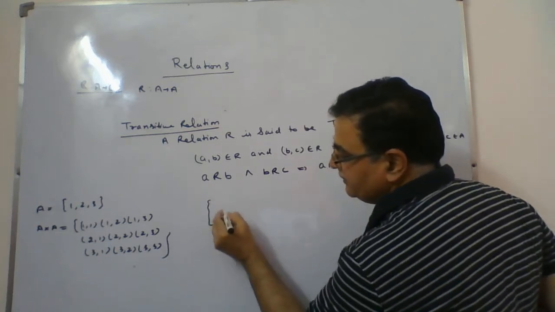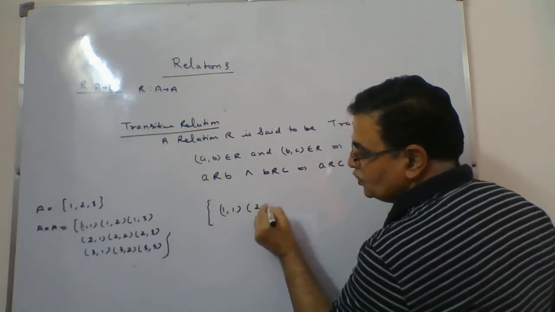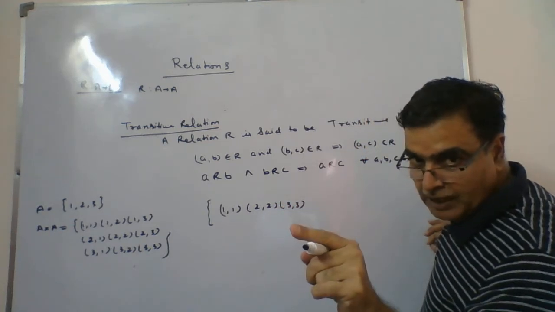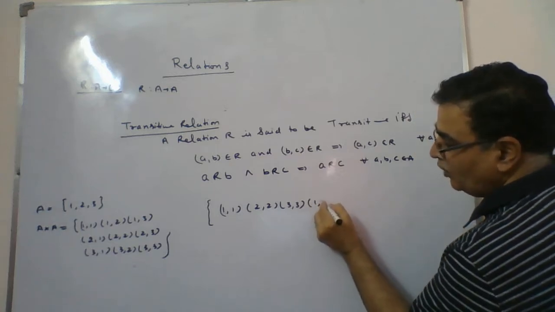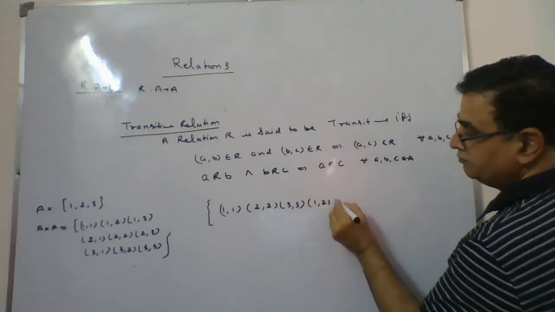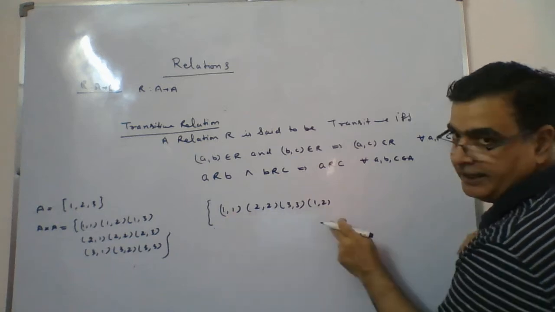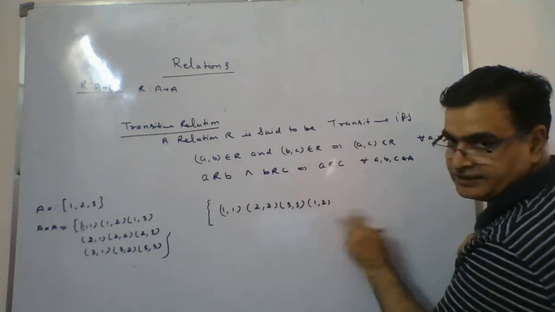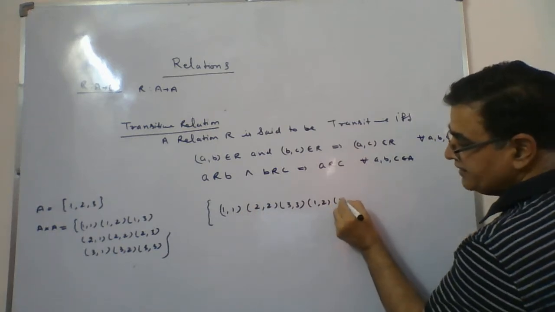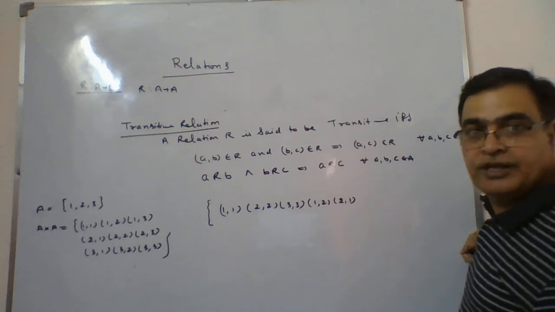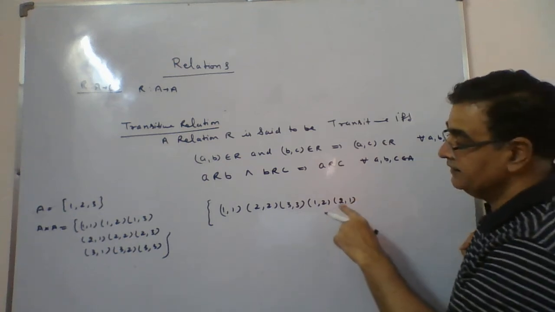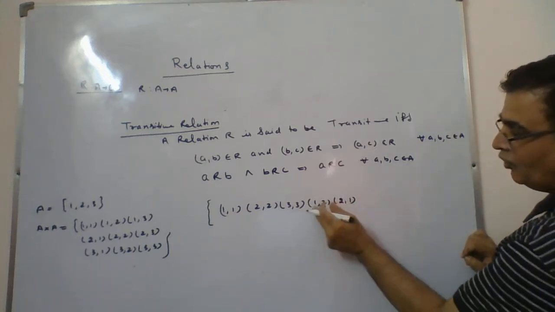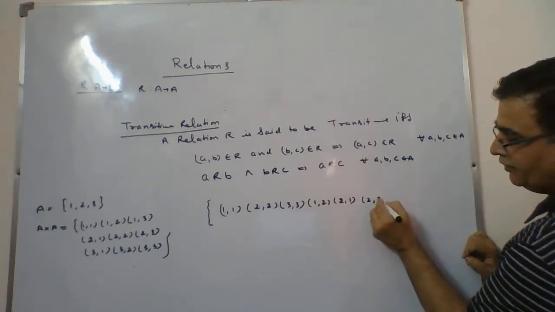For example, if I start with (1, 1), (2, 2), (3, 3), what relation is it? Identity. Then if I take (1, 2), it will be called reflexive. Then if (1, 2) is there and (2, 1) is also there, that will be called a symmetric relation. By the way, now we have 1 related with 2 and 2 related with 3.